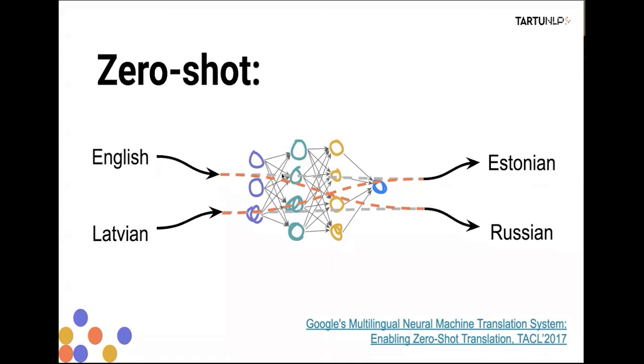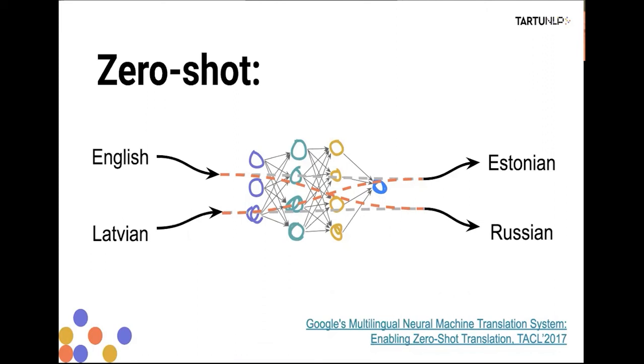So you see the gray line going from English to Estonian in this system. We can also show the other language pair here. So we can show Latvian, Russian parallel data to the system.